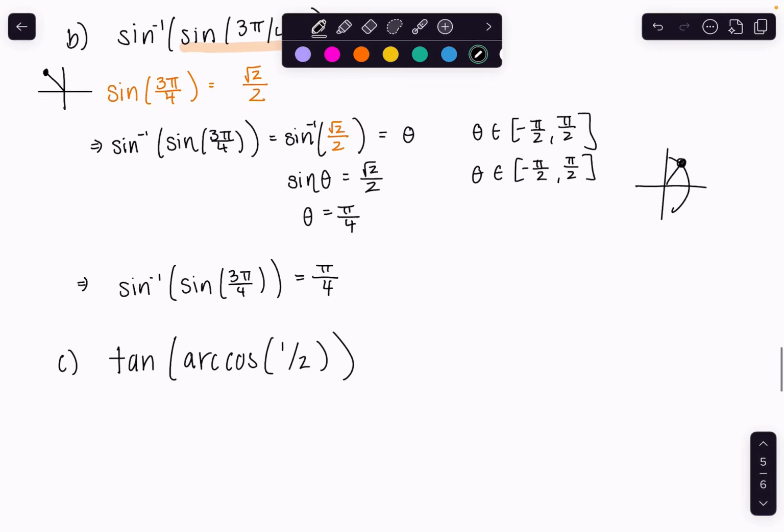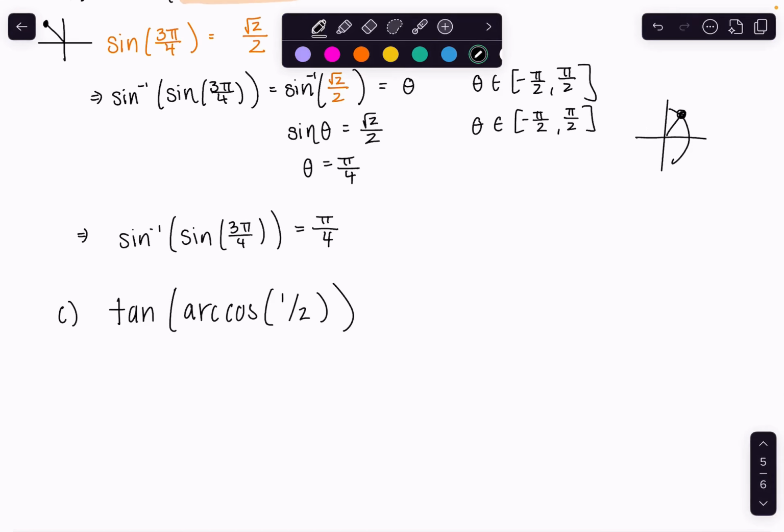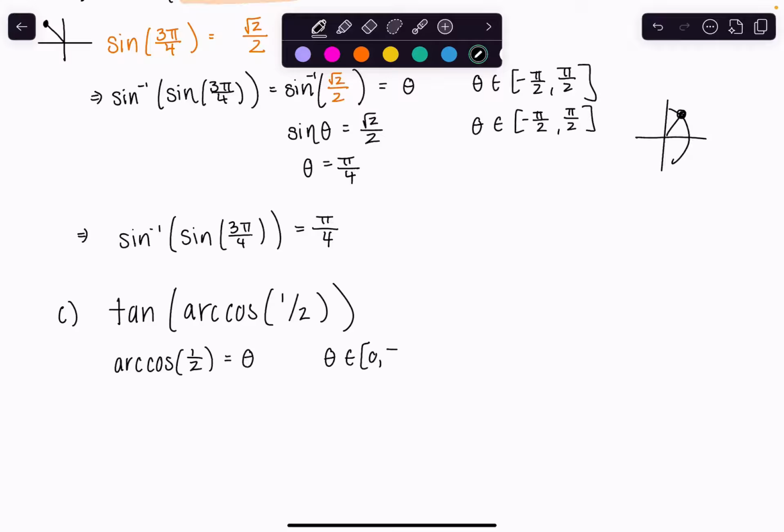All right, let's try one where we have a combination of trig functions. So I have tangent of arc cosine of 1/2. So again, I'm going to end up looking for the inside first. So I'm going to start by evaluating what is arc cosine of 1/2. This is going to give me an angle where this angle is between 0 and pi.